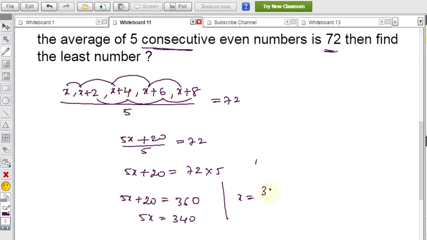Then x is 340 by 5, which is 68. 68 is the x value, that is the least number. Instead of doing this much big process, let me explain a shortcut trick for this also.